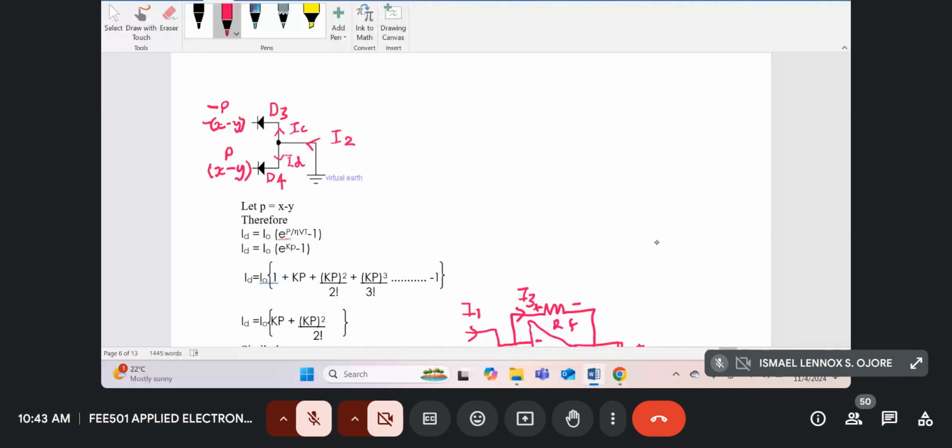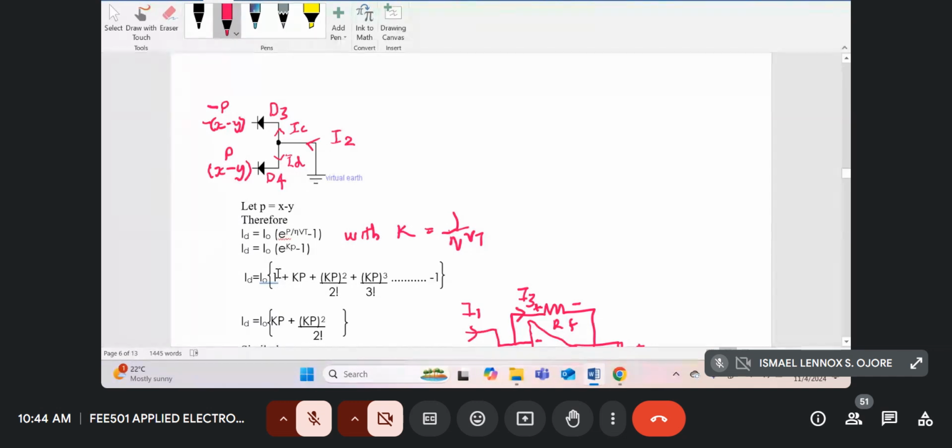So we can write that ID is I naught e to the Kp minus 1. And if you use Euler's relation of e to the x is 1 plus x plus x squared over 2 factorial, etc., you'll get ID is I naught 1 plus, instead of x, it's Kp plus Kp squared over 2 factorial plus Kp cubed over 3 factorial, etc., all minus 1.